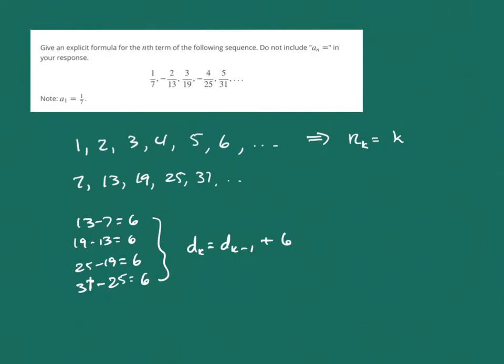So this gives us an arithmetic sequence, and d sub k is going to be our first element, 7, plus k minus 1 times our common difference, 6. If we simplify this a little bit, we get 6k plus 1 for our closed form.